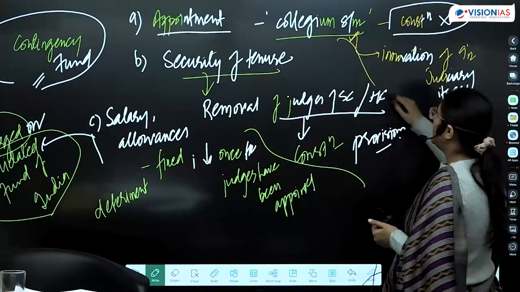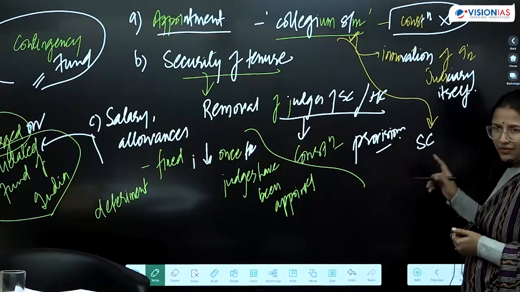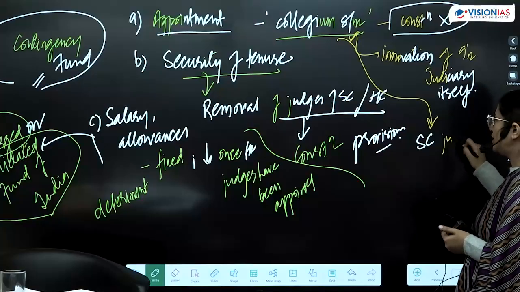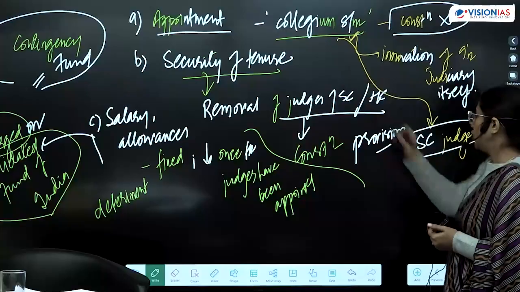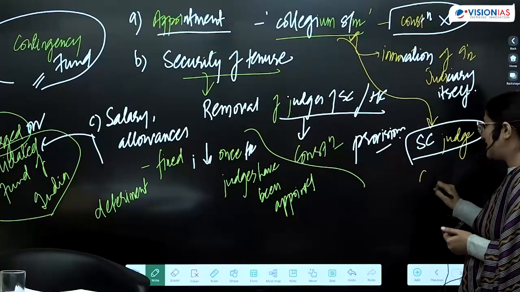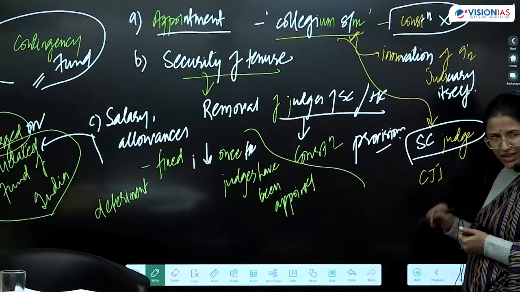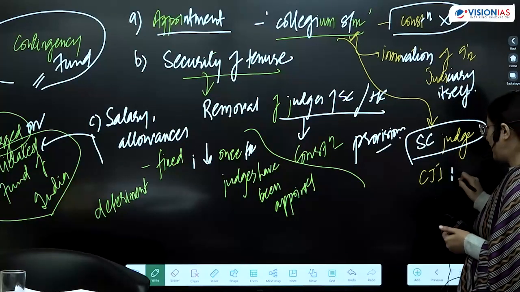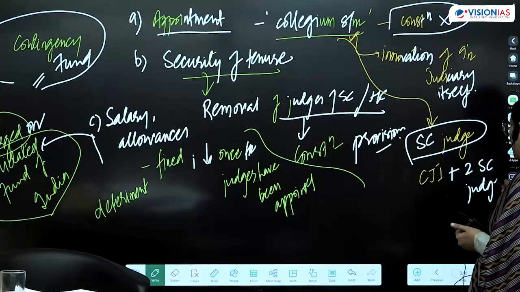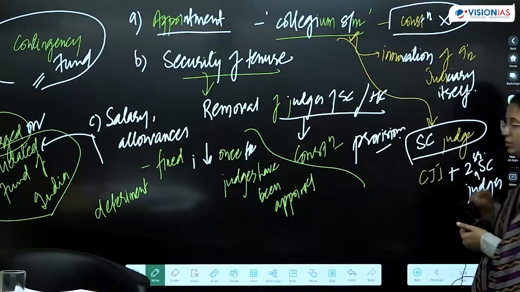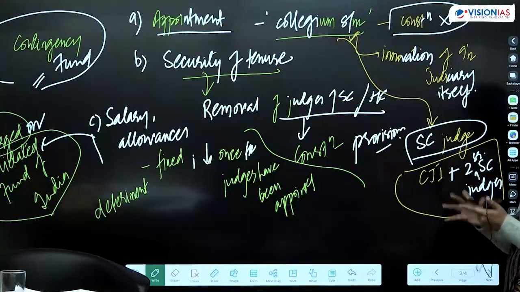Collegium system in case of appointment to the Supreme Court. If a person has to be appointed as a Supreme Court judge, the collegium will comprise the CJI, Chief Justice of India, plus 2 senior Supreme Court judges. So this is the collegium. Collegium means collection.